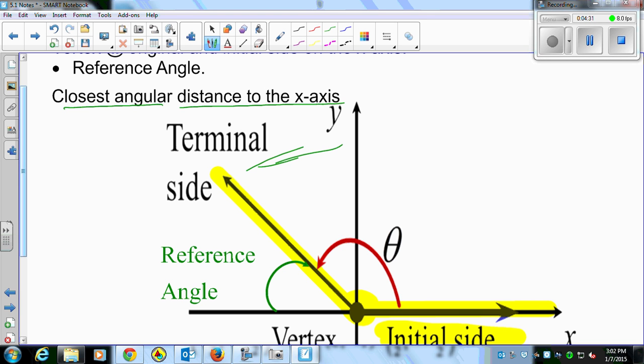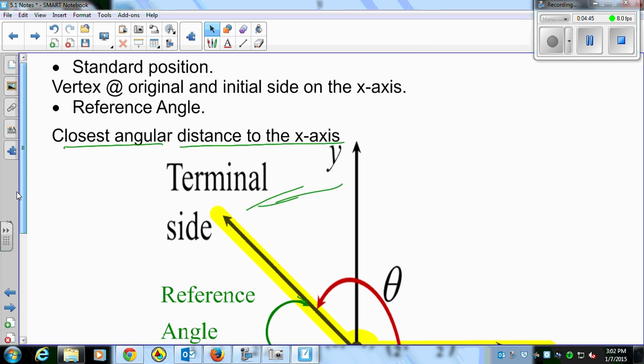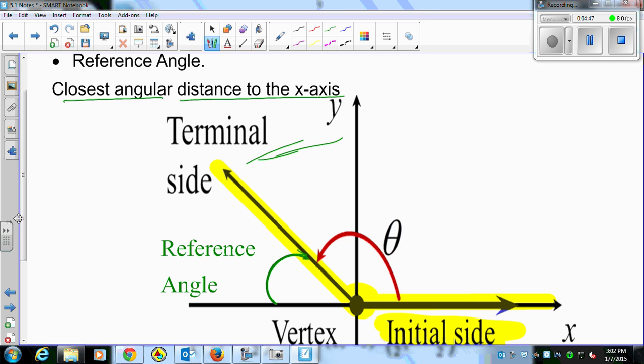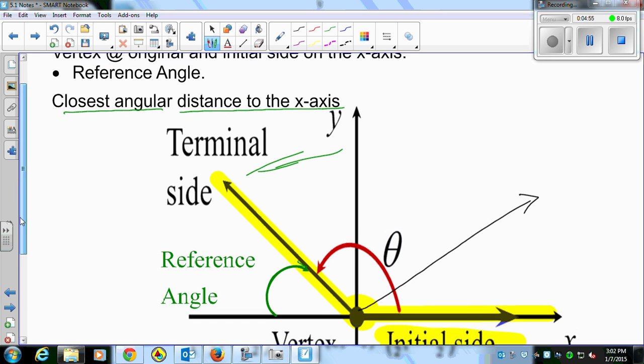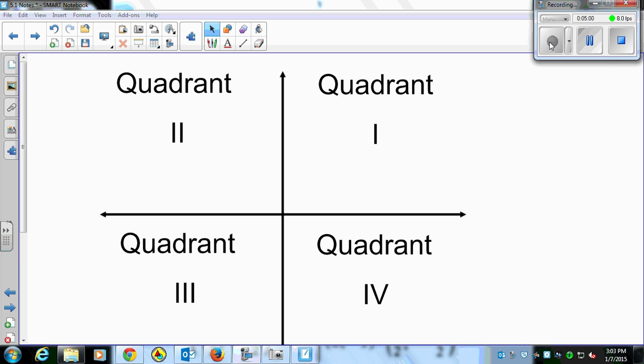We're always going to make our reference angle go from our x-axis up to our terminal side. Notice it's not starting at the initial side of our angle; that would always be our standard position. Yes, angles in the first quadrant will have the same standard position angle and reference angle.